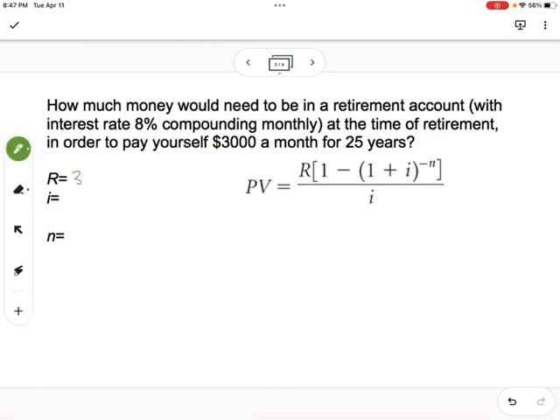So R is 3,000. Our interest is the 8%. We divide that by 100 to get to our decimal, and it's compounded monthly, so we also need to divide that by 12.